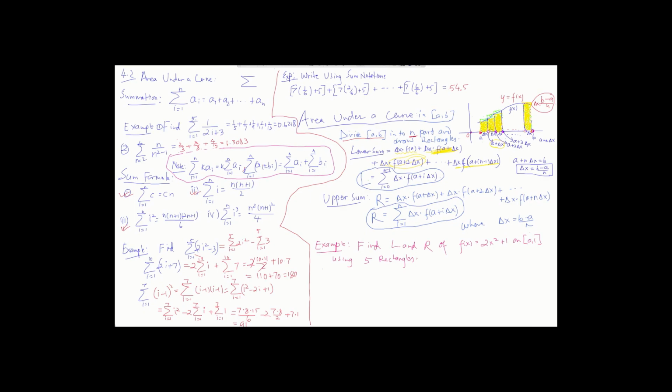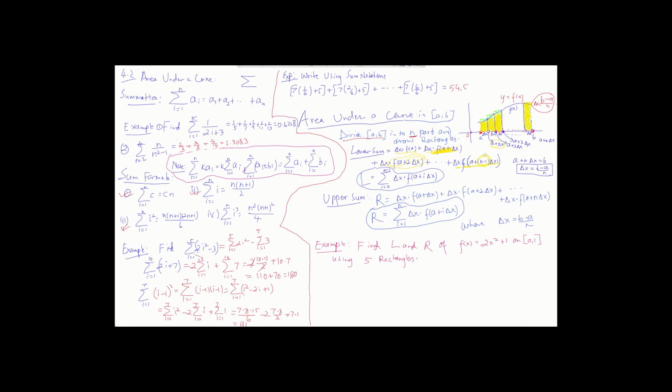Now if you write this in summation form, what do you get? Here I'm writing f of a plus i delta x. At the beginning, when you take i equals 0, you get delta x times f of a. For i equals 1, you get delta x times f of a plus delta x. For i equals 2 and so on, it goes up to n minus 1.